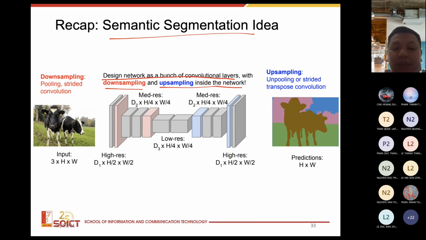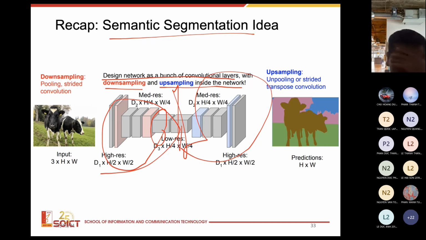In the beginning convolution layers, we can reduce the size of the activation map, and then in the second part of the network, we can have the upsampling layers that enlarge the activation map, so that in the final layer we can do the prediction for every pixel, every corresponding pixel in the input.